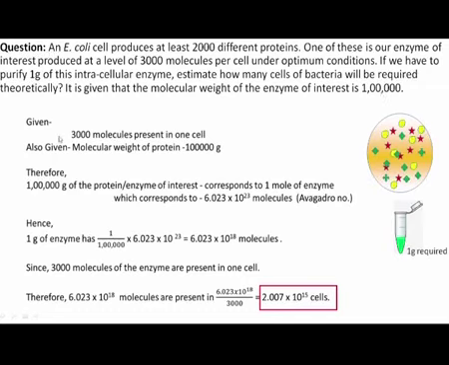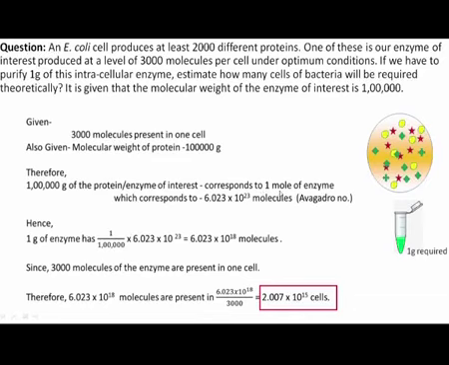What is given? That there are 3000 molecules in one cell, and each one of these green components or proteins has a molecular weight of 1 lakh gram. Therefore, 1 lakh gram of the enzyme of interest corresponds to, because this is a gram molecular weight, 1 mole of the enzyme.